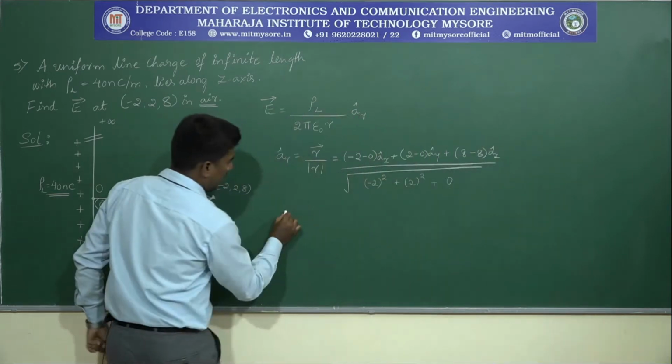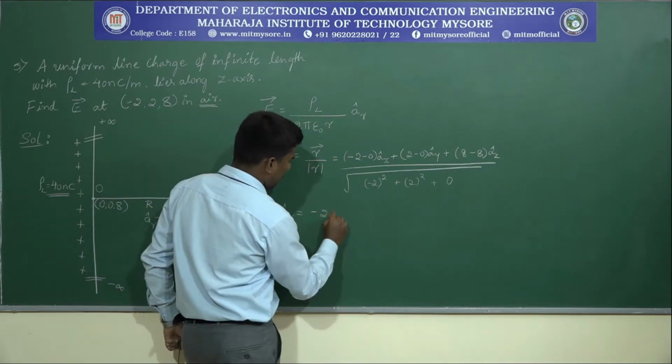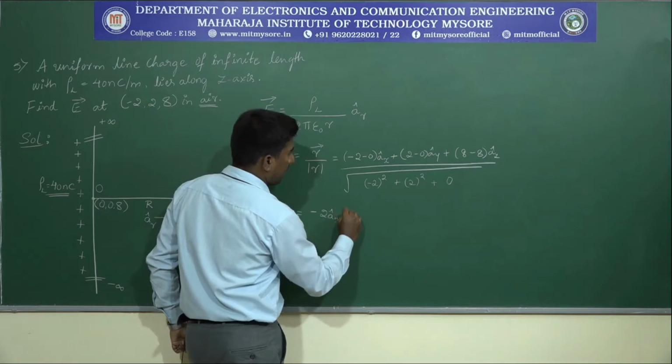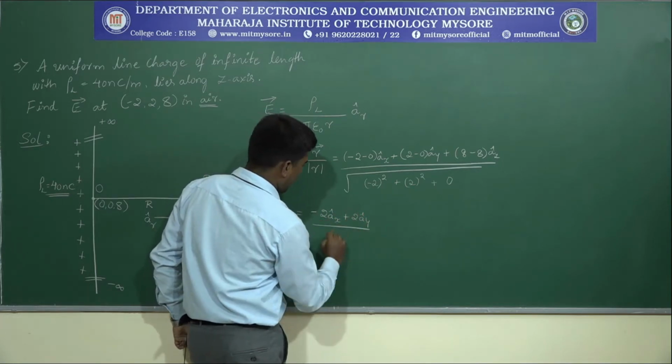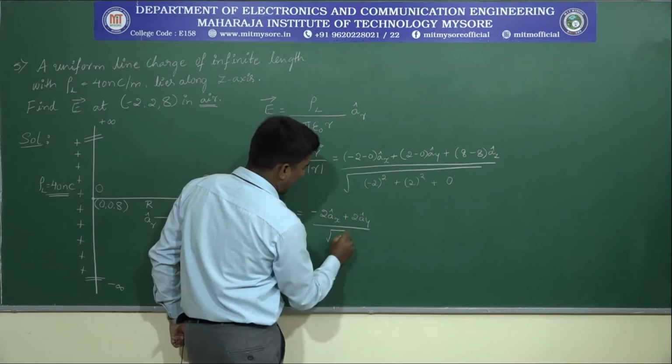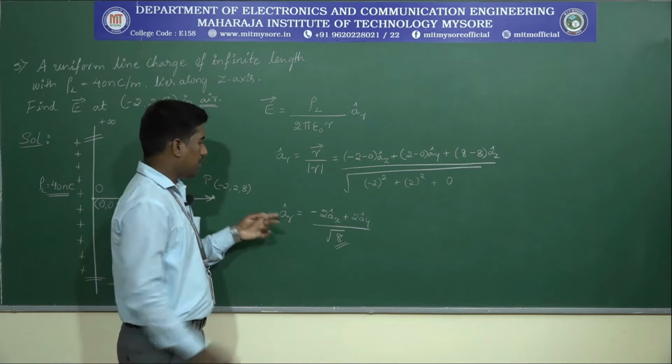Therefore, a cap r is equal to (-2 a cap x plus 2 a cap y) divided by the square root of 8. This is the equation we have got for the unit vector.